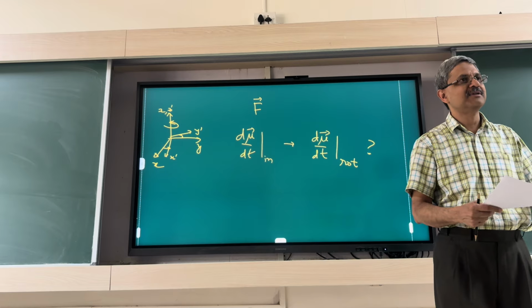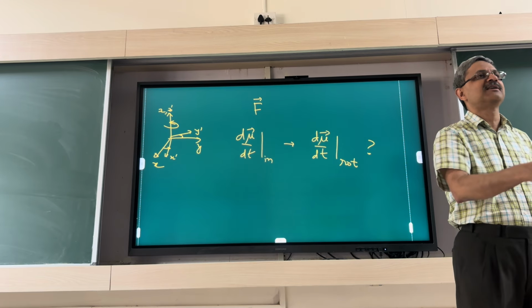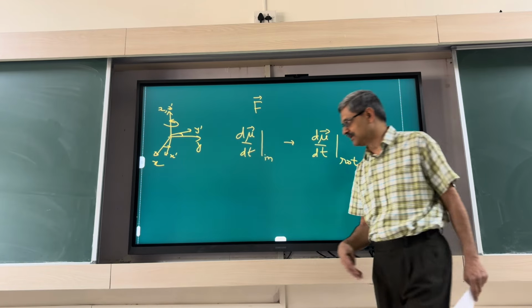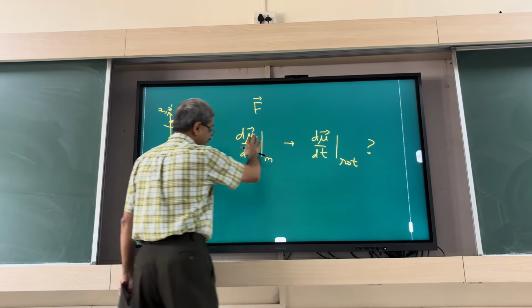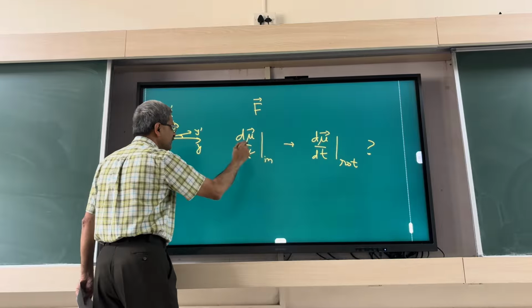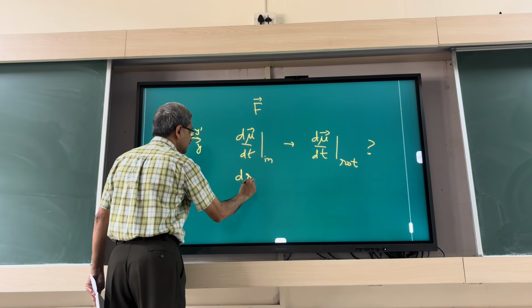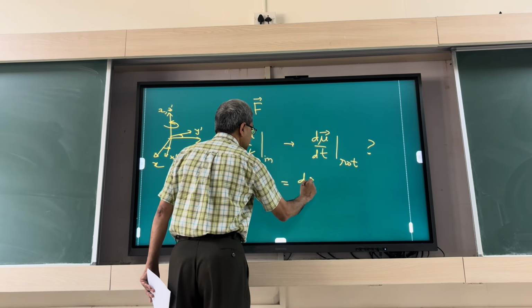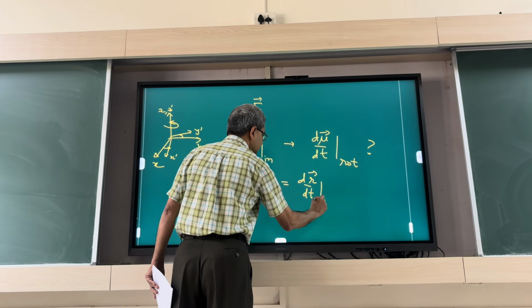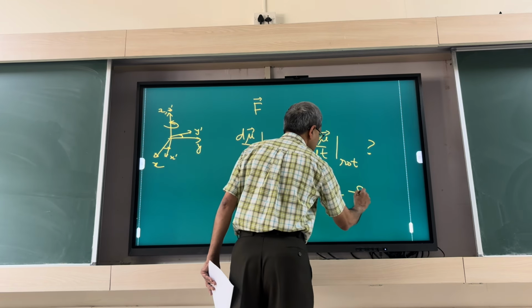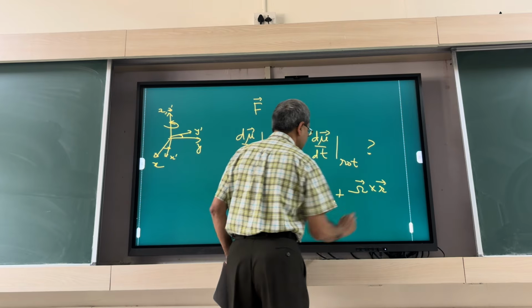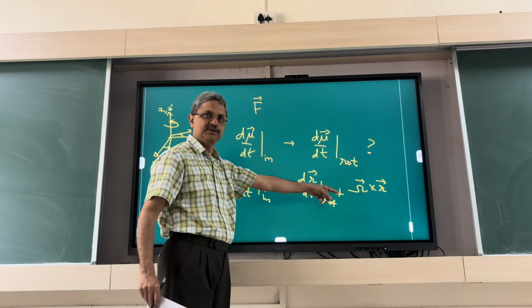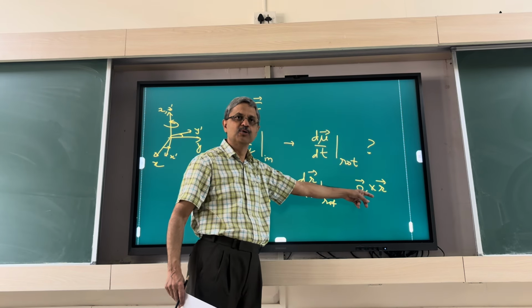If you look at dr by dt in the inertial frame, then this is dr by dt in the rotating frame plus omega cross r. This you remember. That's what gives you v equal to r omega.